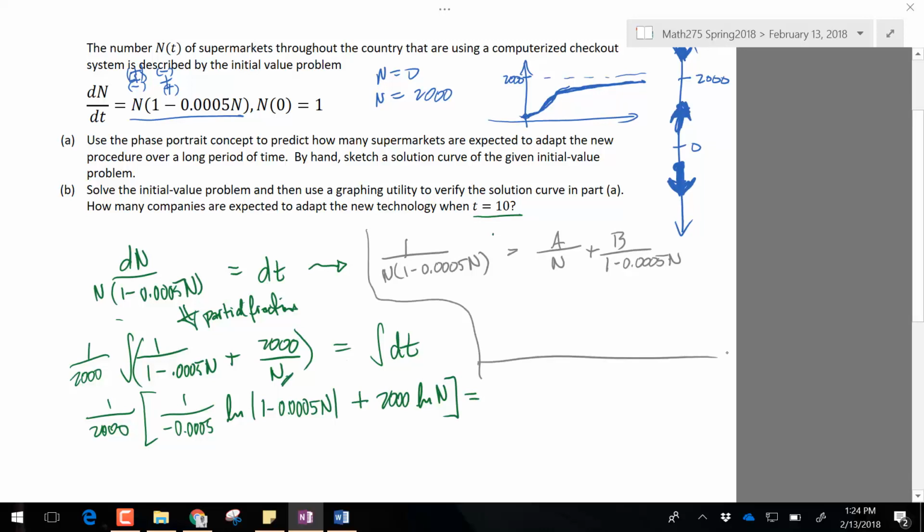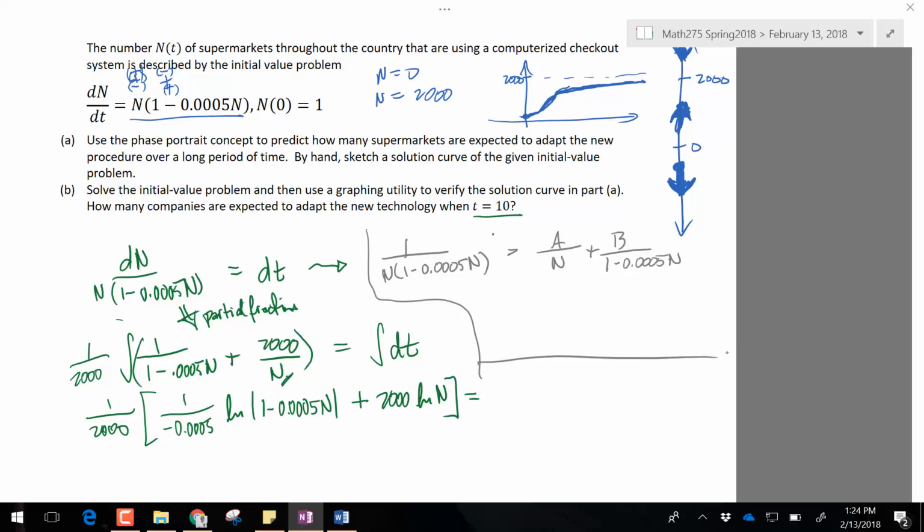So you guys should be able to do this because it's Calc 2, when you had to find partial fractions.